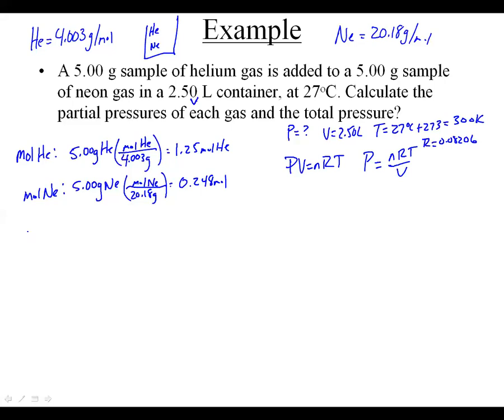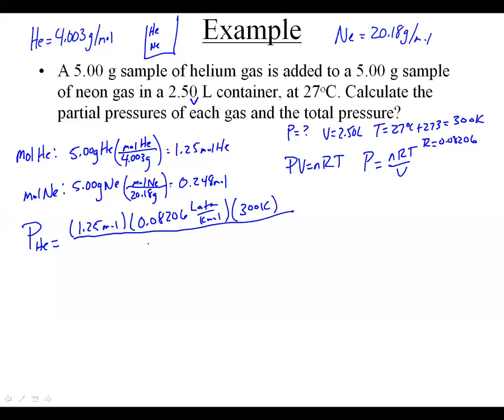So the partial pressure of helium would equal our moles, which is 1.25, our R, which is 0.08206 liters atmosphere per Kelvin mole, our temperature, which we converted to Kelvin, 300 Kelvin, all divided by our volume, which is the same for everybody, 2.5 liters.